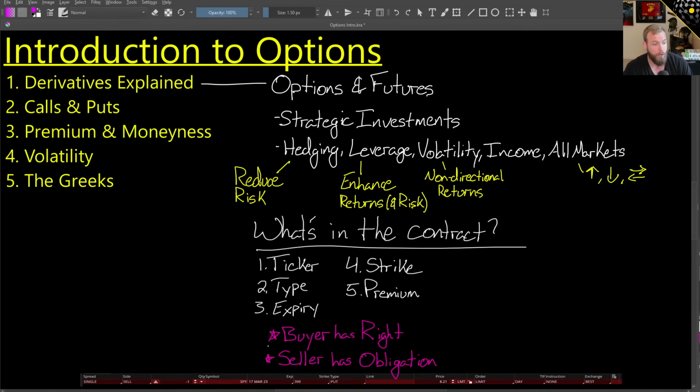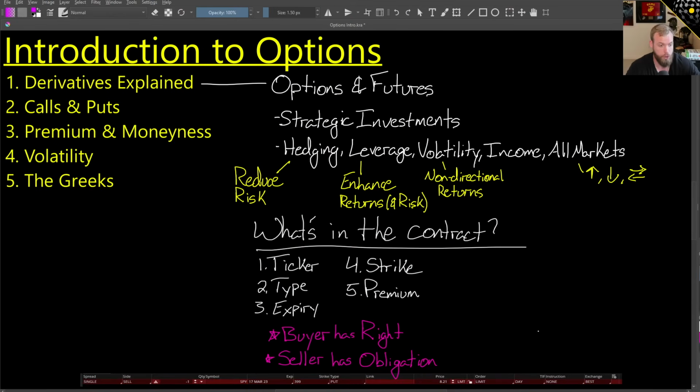So whenever we have an options contract, there are those two sides. The buyer has right. The seller has an obligation to deliver something. And I'll get into those just a second, but just know that whenever you hear an option buyer, they have a right to something. And then an option seller has an obligation to do something. And it's, again, very similar to the real estate example.